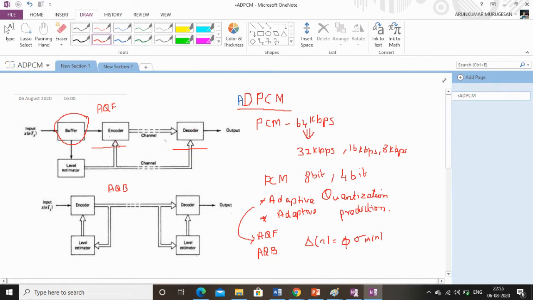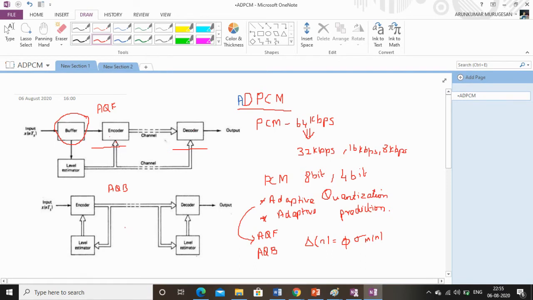We go for adaptive quantization backward path. In this adaptive quantization backward path, it is a non-linear feedback system. The different level estimator is used in the transmitter side and the receiver side.